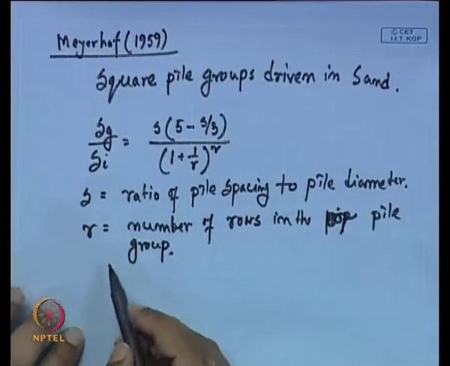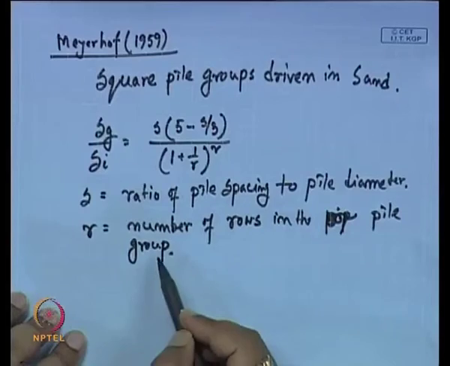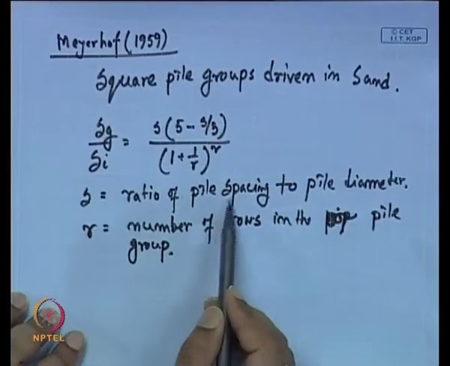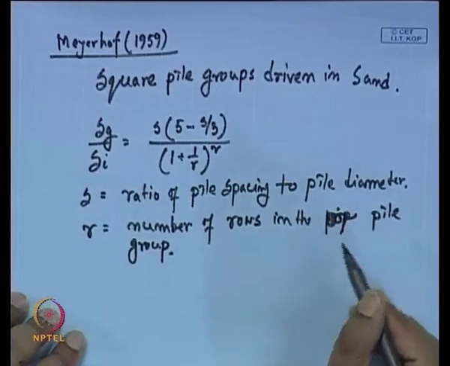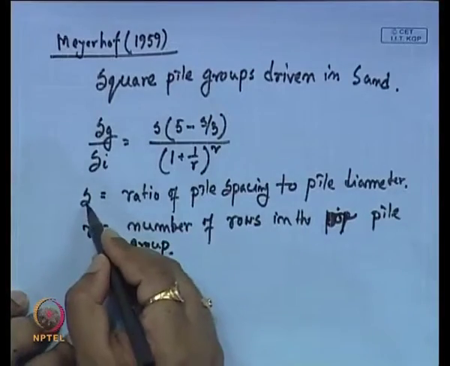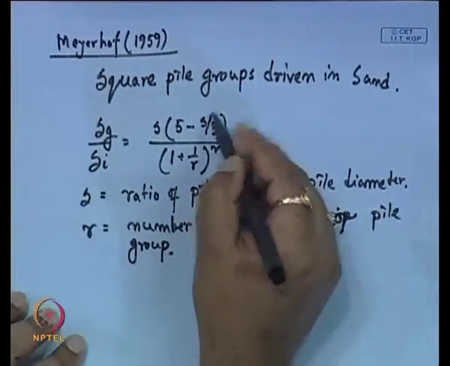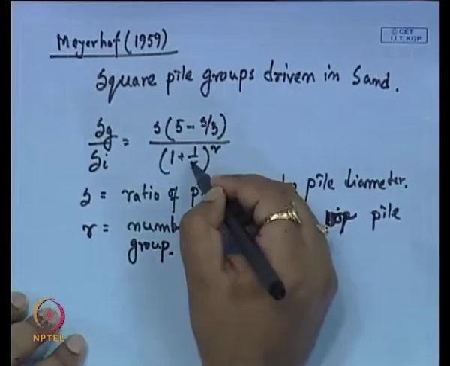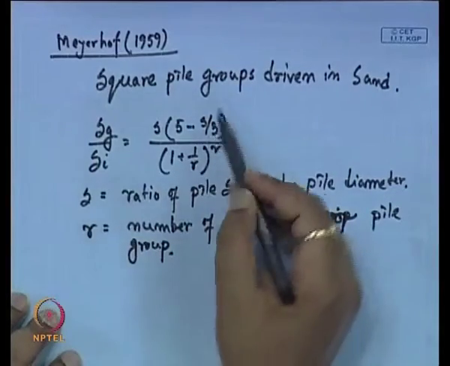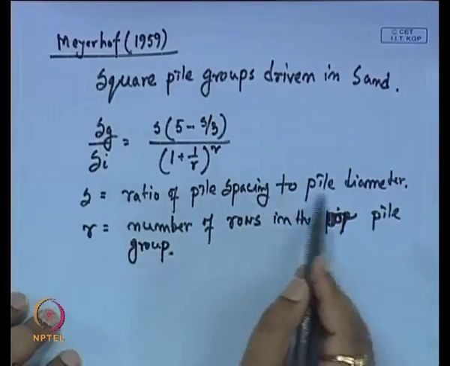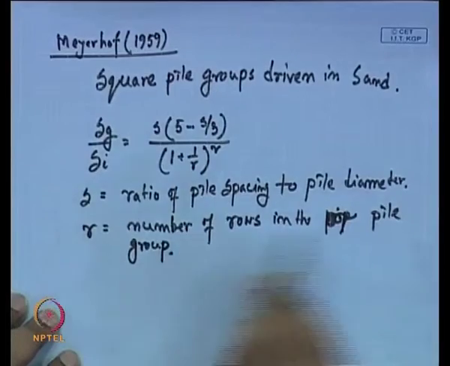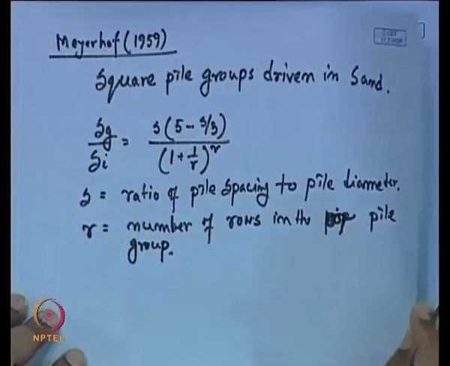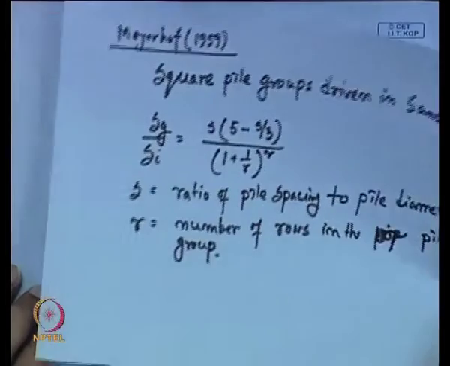So, r is the number of rows in a pile group and s is the ratio of pile spacing to pile diameter. These are the different expressions by which we can determine the settlement of the pile group in sand.